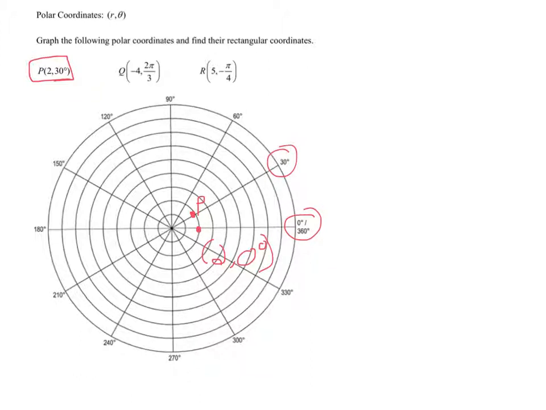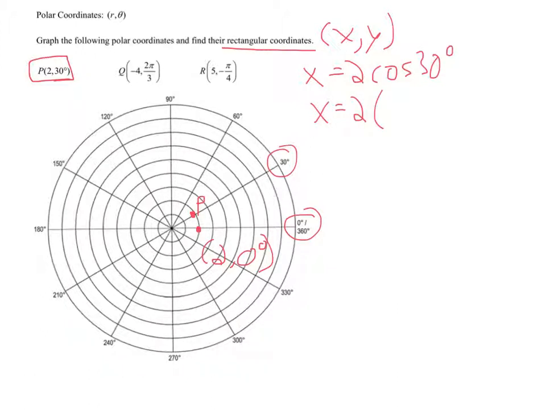Now let's find the rectangular coordinates. Well, that's x comma y, and this is where we need our formulas. X equals r times the cosine of theta. So x is going to be 2 times the cosine of 30, which is root 3 over 2, which is root 3.